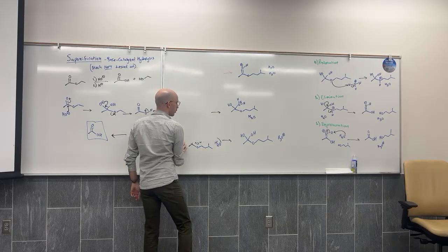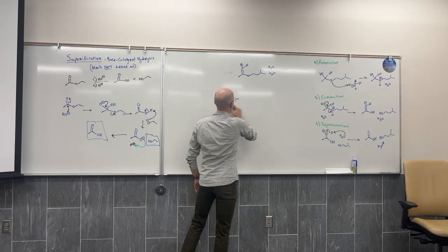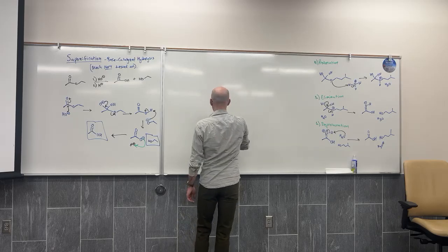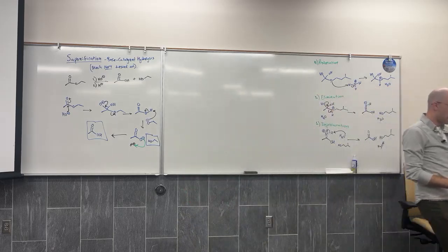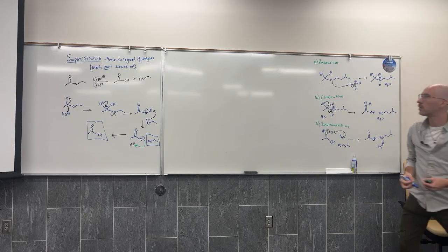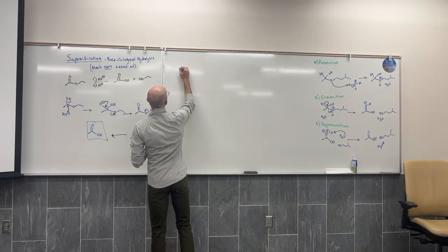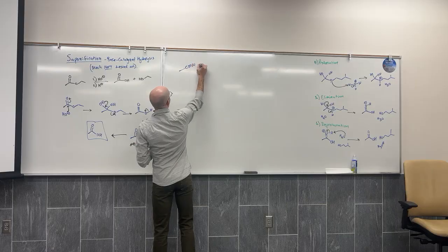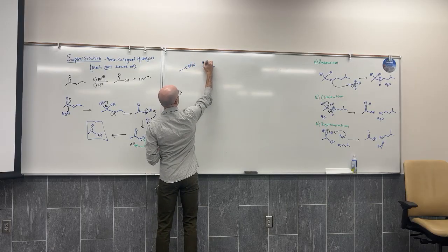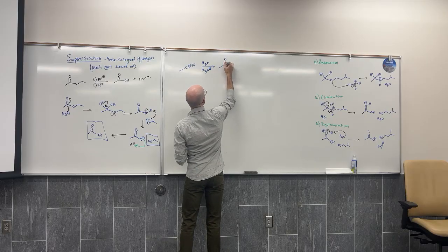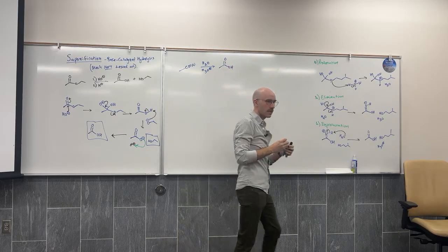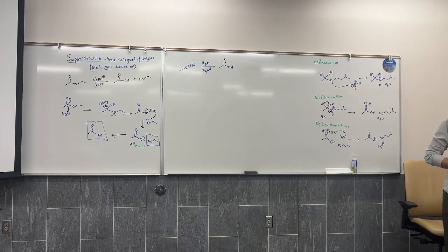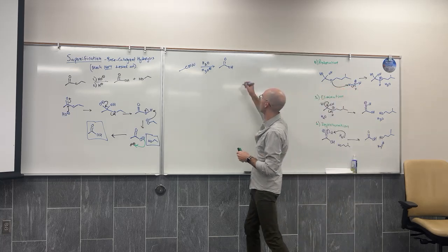I would like you guys to work in groups, and I would like for you to predict a mechanism for the acid catalyzed hydrolysis of acetonitrile into a carboxylic acid, into acetic acid.